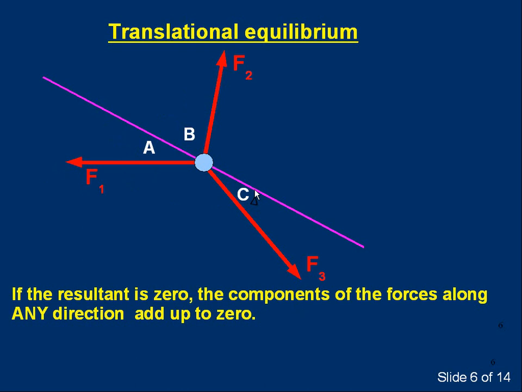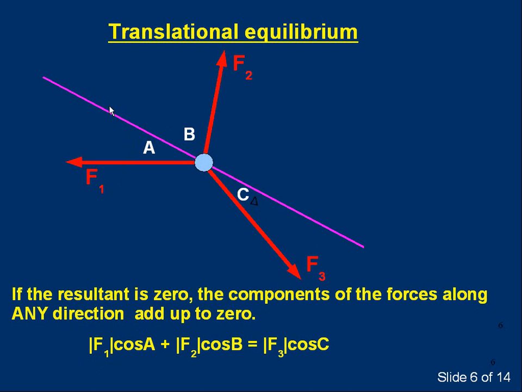Because the forces add up to 0, the components along the line add up to 0. The components acting upwards along the purple line will equal the components acting downwards along the purple line. Let me write the relevant equation. The magnitude of F1 times cos A is the component of F1 along that purple line and upwards.